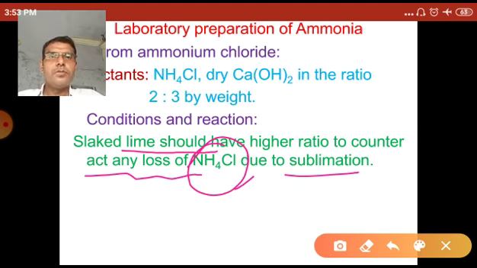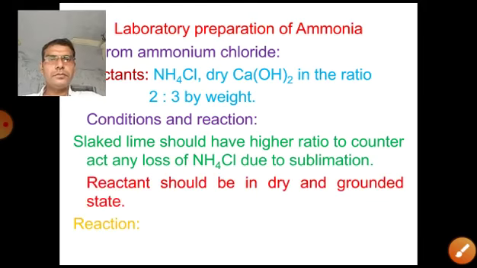So the slaked lime should have a higher ratio to counteract any loss of ammonium chloride. Now the reactants should be in a dry and ground state. That means ammonium chloride and dry calcium hydroxide should be in a dry and ground state.